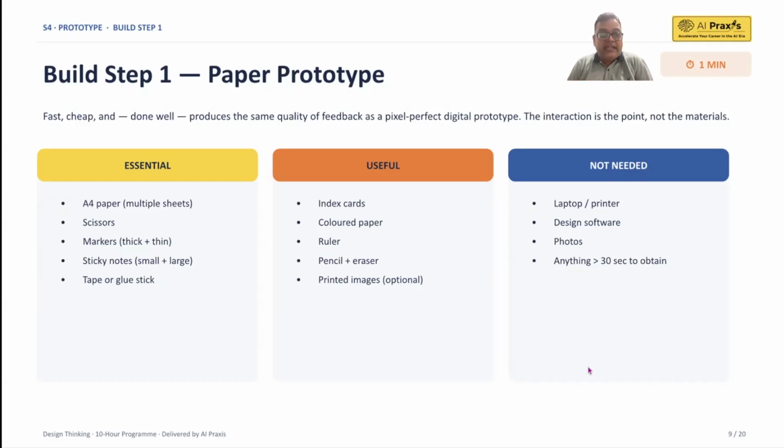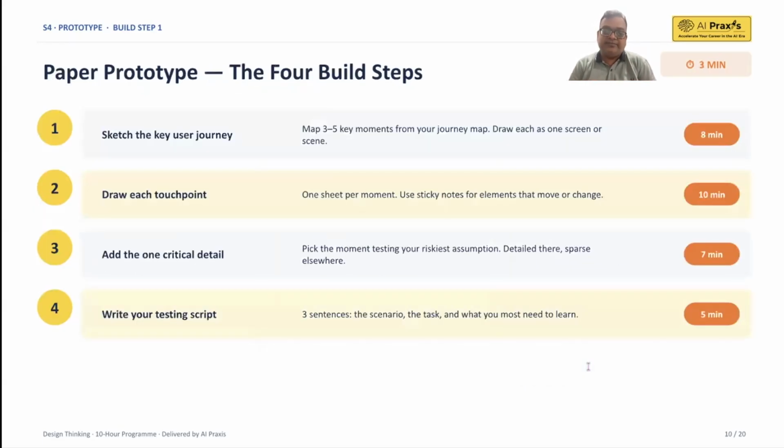Yet they generate incredibly valuable feedback because they clearly communicate the experience. Okay, so don't aim for something beautiful. Aim for something understandable. Over the next few minutes, forget perfection, pick up your marker, and start building your idea into the real world. Because from this point onward, learning happens by building, not by discussing.